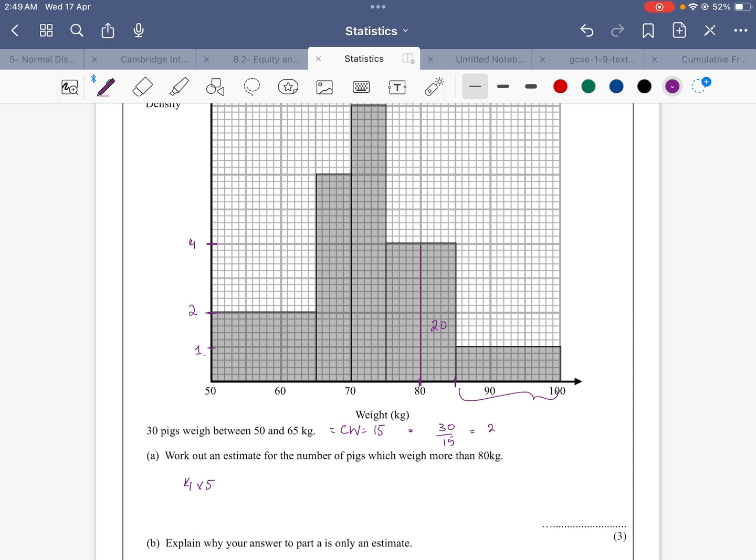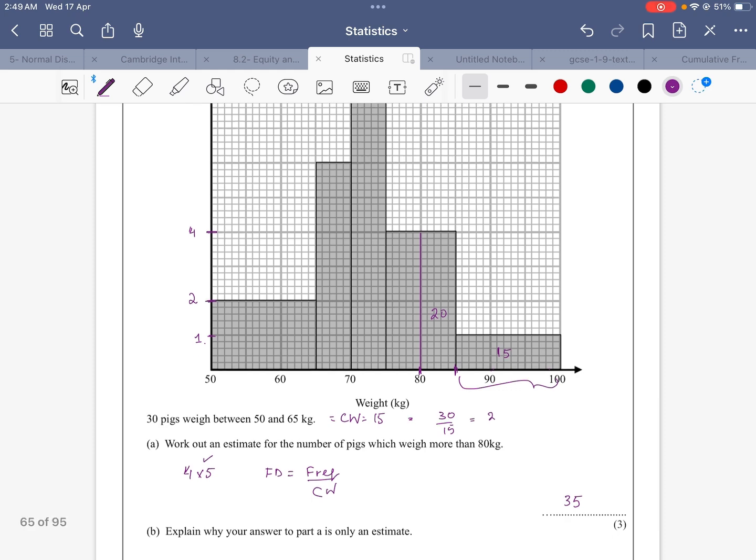For this one the frequency is 20, and then this is 1, right? Frequency density is 1, and this is 85 to 90 and 15 wide, so 1 multiplied by 15 is 15. 20 plus 15 is 35, right? How do I calculate 4 multiplied by 5 and 1 multiplied by 15? By applying the formula of frequency density.